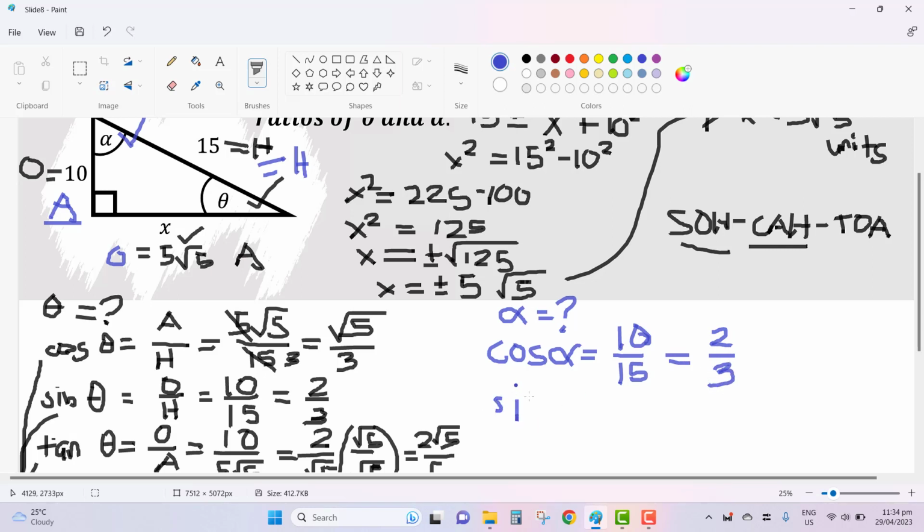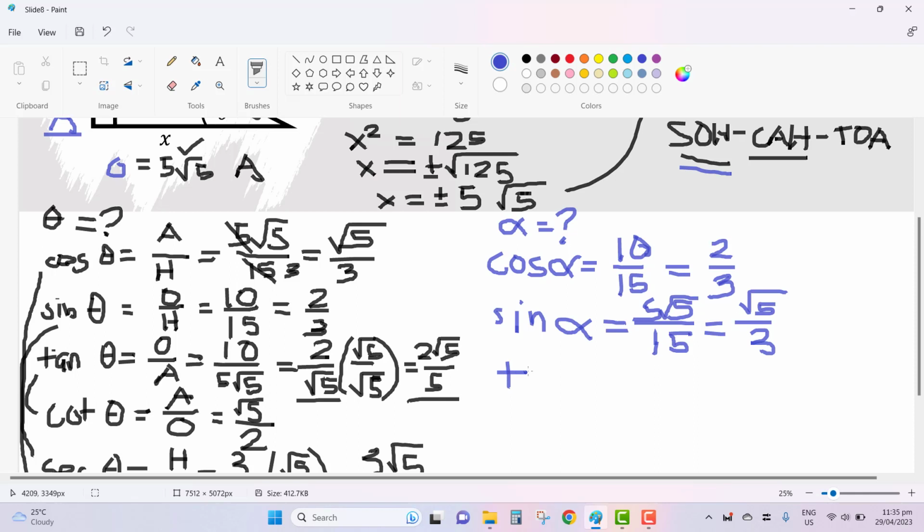Sine alpha is SOH, so it's opposite over hypotenuse. Your opposite now is 5 square root of 5. That's the opposite side of angle alpha, over hypotenuse, which is 15. So simplifying that further, divisible by 5, you will have a result of square root of 5 over 3.